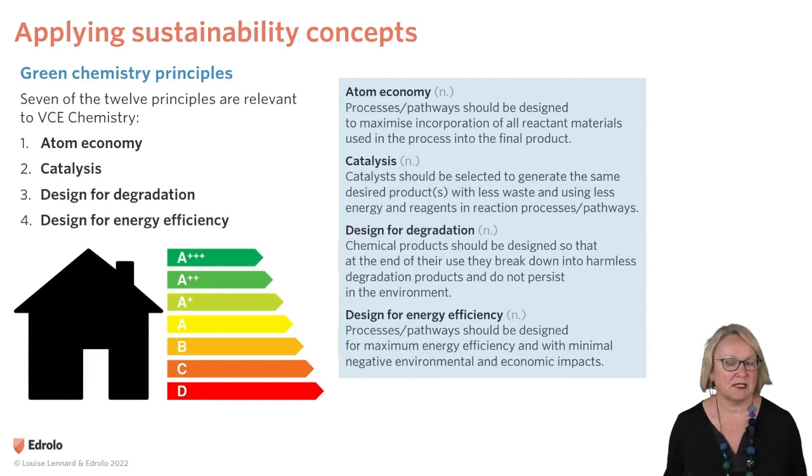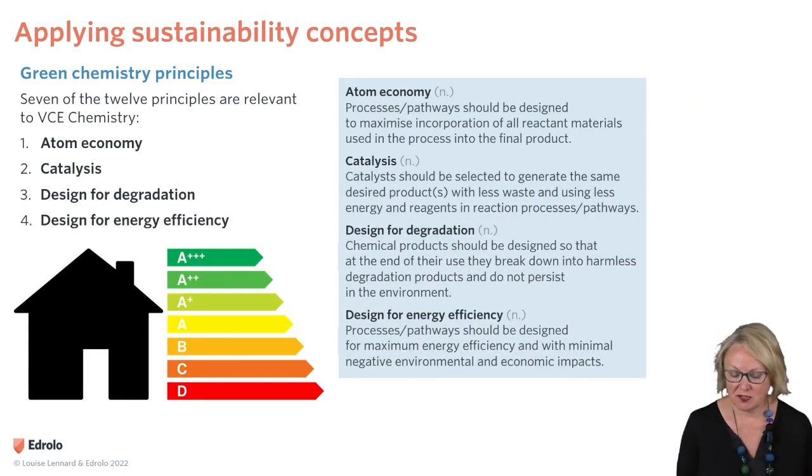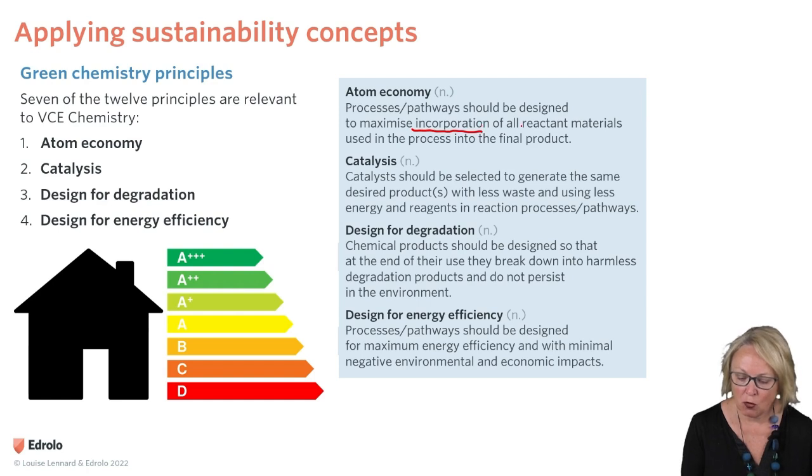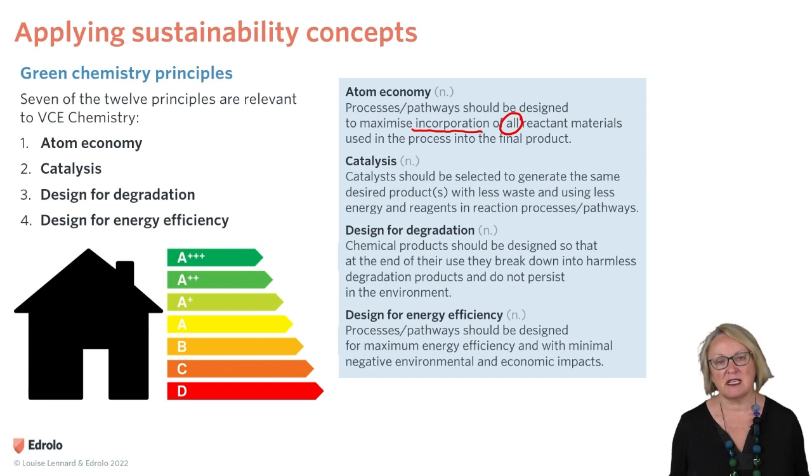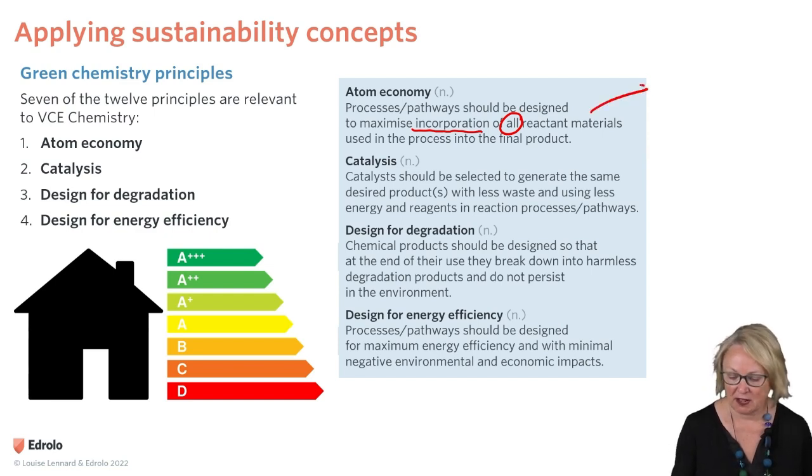So if we unpack these green chemistry principles, atom economy refers to processes or pathways designed to maximise incorporation of all reactant materials used in the process into the final product. In other words, minimising waste.